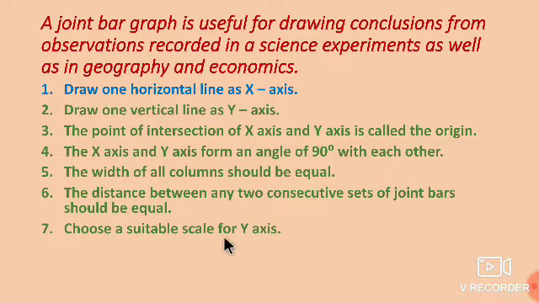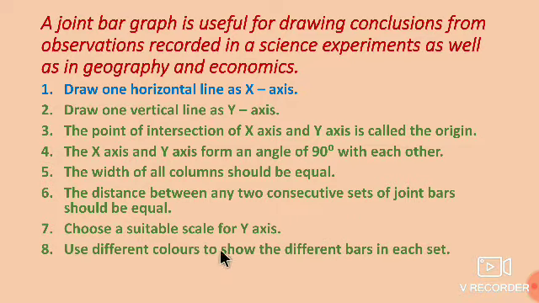Choose a suitable scale for the y-axis. As per the numerical information, we have to choose a suitable scale to draw the graph on the y-axis. Use different colors to show the different bars in each set. So it is very useful to get the information at a glance.